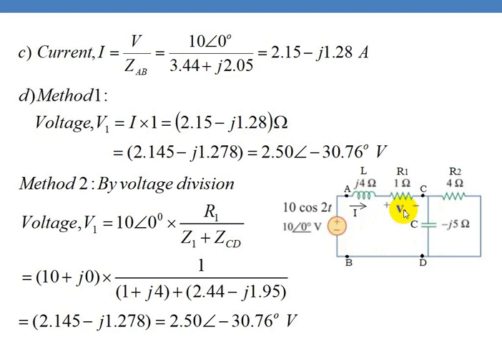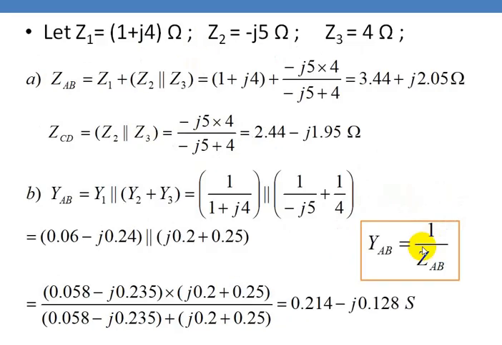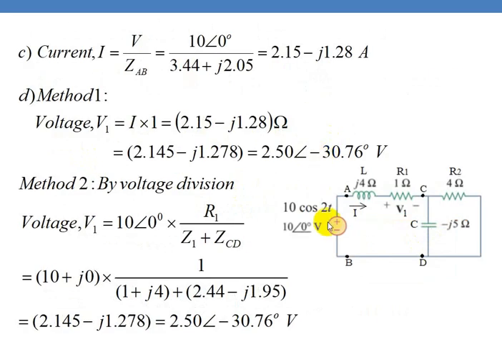If you want V1, take the total voltage applied across the network multiplied by R1 divided by the sum of all the resistances and reactances in the circuit, that is J4 plus 1 plus ZCD. ZCD we have already found out, it is 2.44 minus J1.95 ohms.